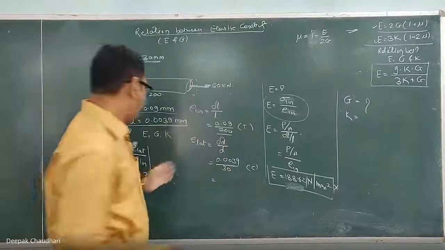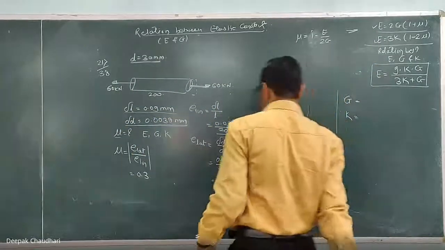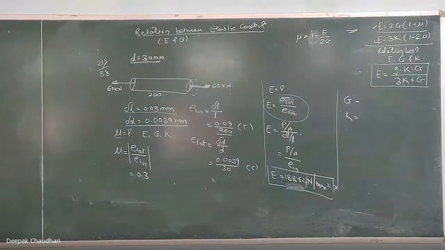Now substitute the value of E and mu in the first equation and get the value of G and K. Come on, fast. Tell me the value of G and K. Gautam, E is 188. Still you people are at 188 only.